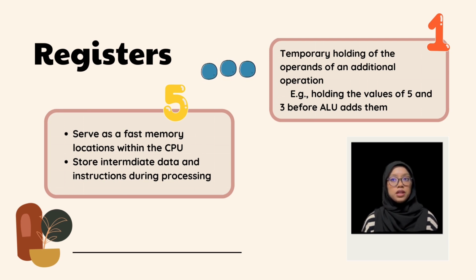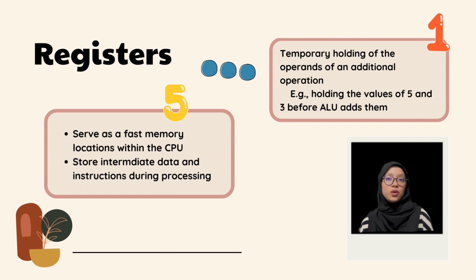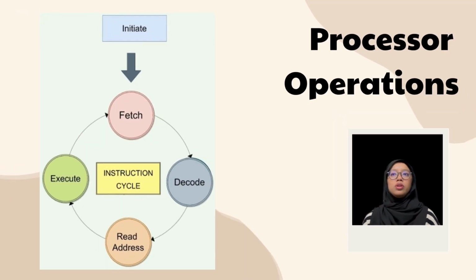For example, it holds the values 5 and 3 before the ALU adds them. It's an example of how the processor operation cycle works. First it fetches the instruction, then it decodes, and then it reads the address, and after it reads the address of the instruction, it goes to execution.